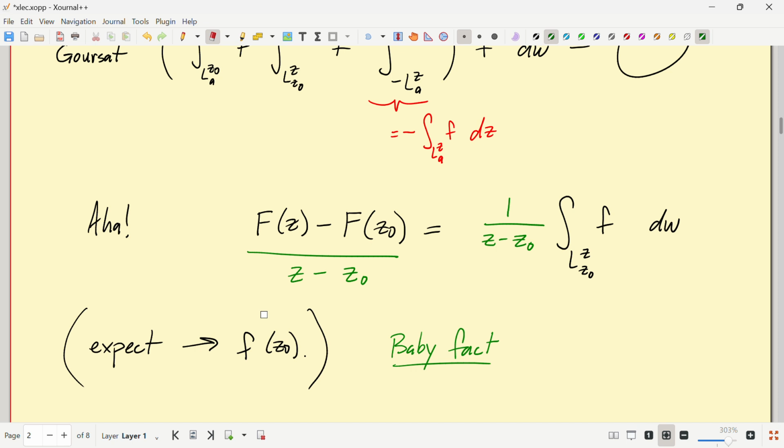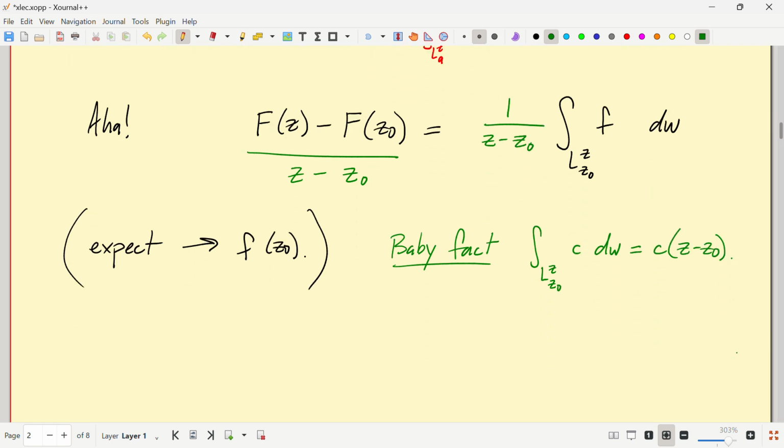A baby fact that I'm going to use to make this relatable to what I want is that if I integrate a constant c dw along a line from z naught to z, that would be equal to c times z minus z naught. You can calculate that with your bare hands, or you could use the fundamental theorem of calculus.